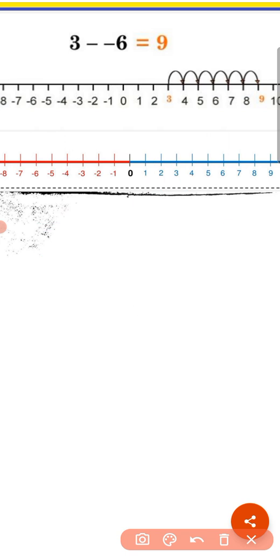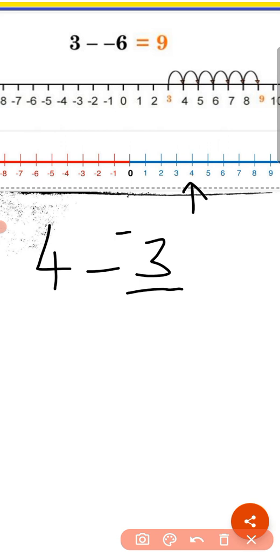Next, 4 minus negative 3. Locate the first number, that is 4. Then, since we are subtracting a negative integer, move to the right side, 3 steps. So, 1, 2, 3. Which is our answer? 7. 7 is our answer.